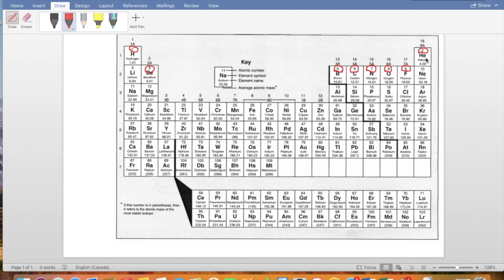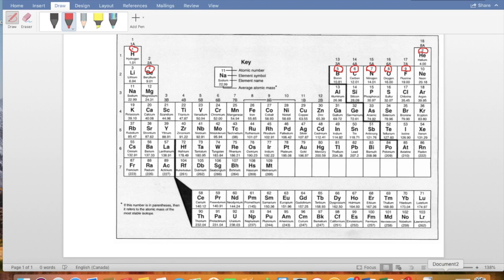So you distribute the atomic number, which is equal to the amount of electrons the element has, in the shells. So for example, I'm going to take the representative element oxygen, and we're going to find its valence electrons. As you can see, oxygen's atomic number is 8, meaning that there are 8 electrons.